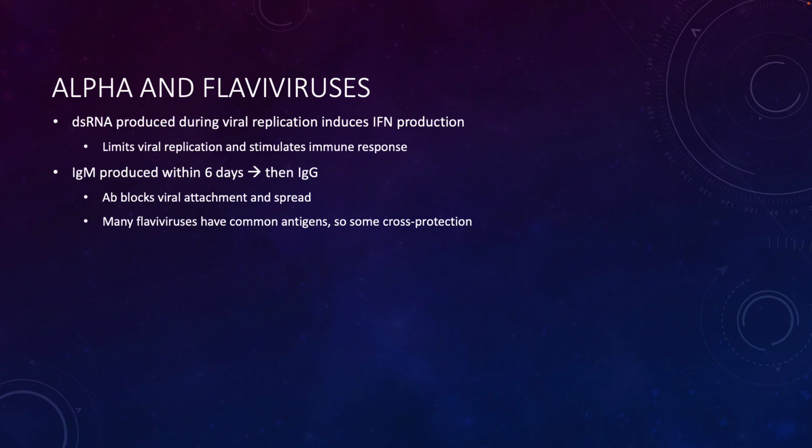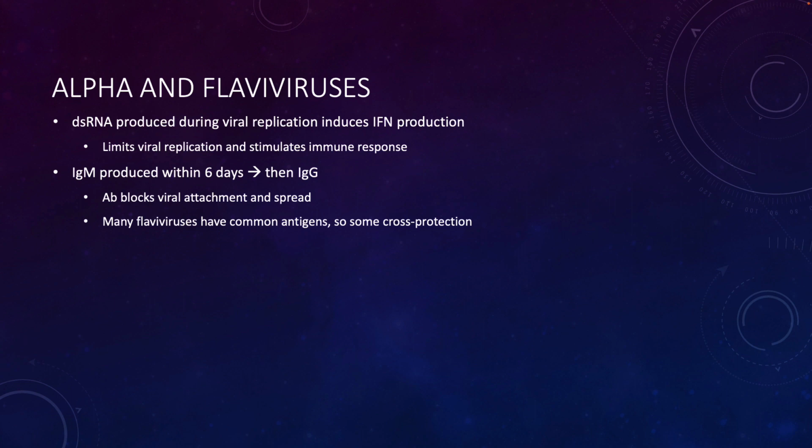With some of the Flaviviruses, dengue, Zika, West Nile, yellow fever, there are some common antigens, right? They're related. It totally makes sense that they make common antigens. So sometimes there can be cross protection.